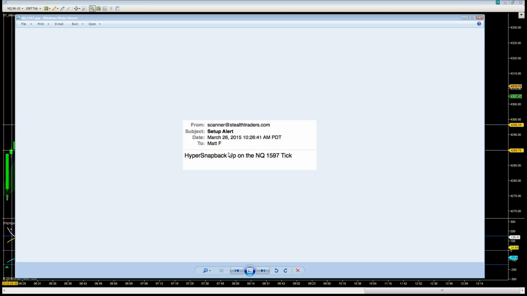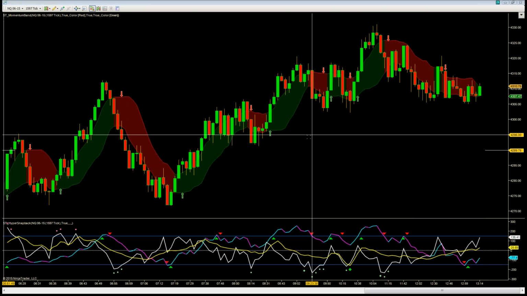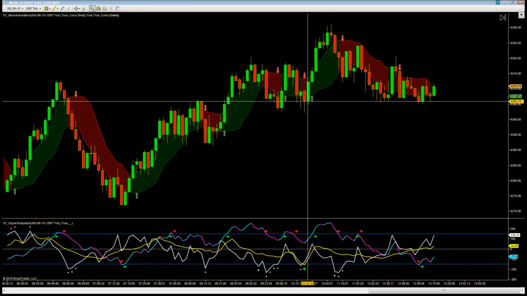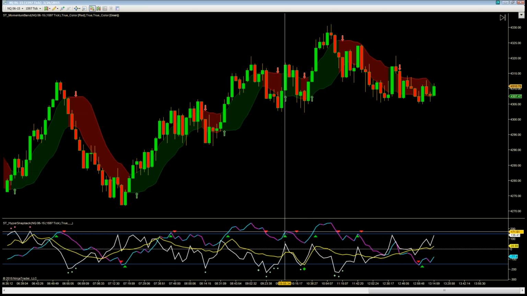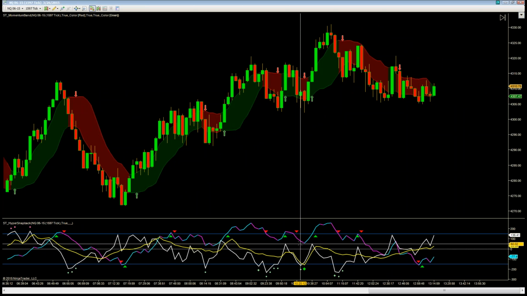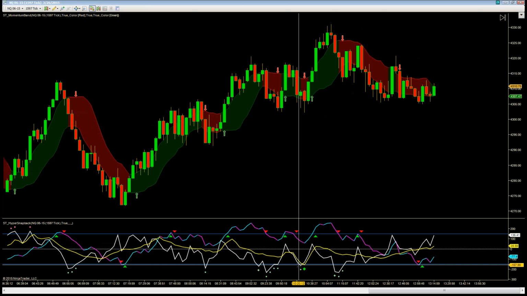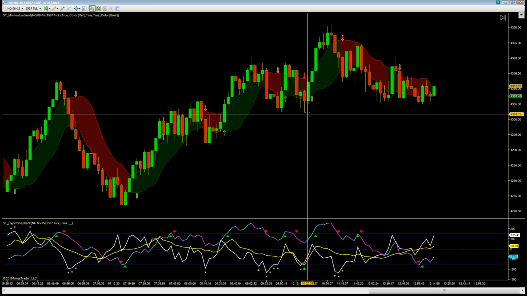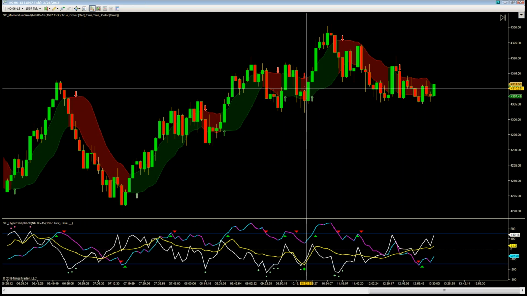Once again, that was my snapback up on the NQ 1597 at 10:26 and 41 seconds. Very nice signal. Once again, on the magenta, we're not going long. Now you do have a white with a yellow. That makes this a much more powerful signal. And that's why it just skyrockets up pretty quickly.